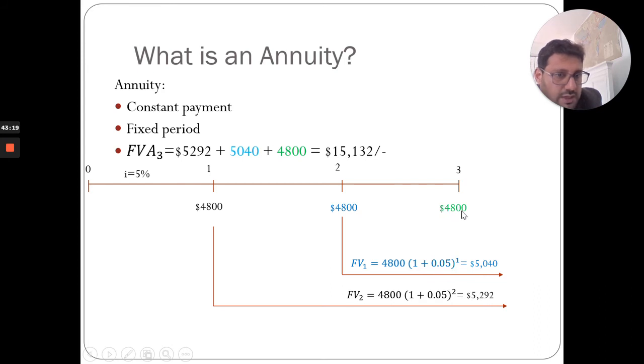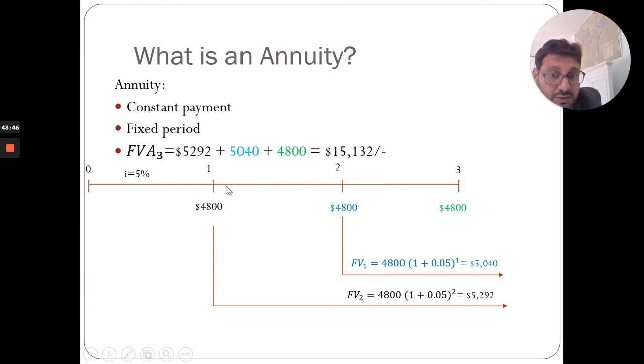So that 4,800, plus 5,040, which is the future value of the payment you made at the end of the second period, plus the future value of the first payment, which has the opportunity to grow by only 2 time periods. Why didn't it grow by a third time period?